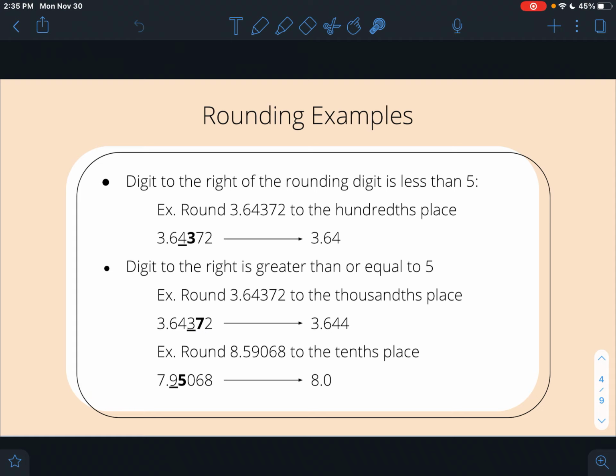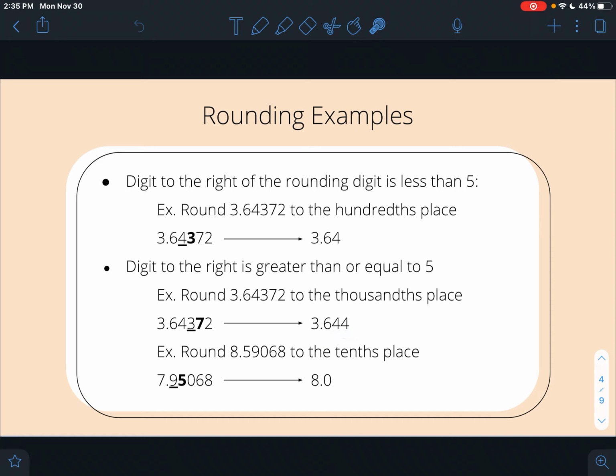Since 7 is greater than 5, we need to add 1 to 3, so that the rounding digit here becomes 4, as you can see here. And then drop all the digits after. So the 7 and 2 are the numbers that you want to drop. So as you can see here, it becomes 3.644. And this 4 comes from adding 1 to this 3.